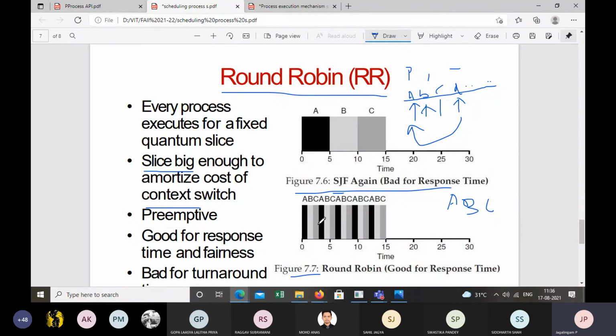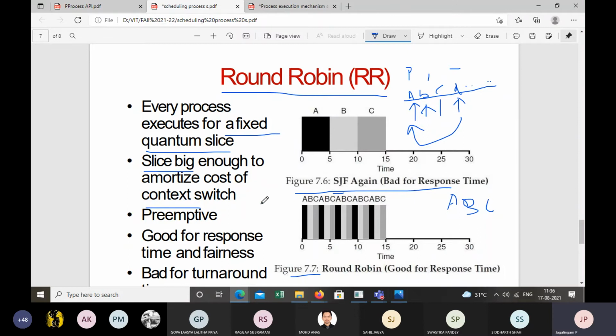Every process runs for a fixed time quantum. Look at the first bullet point. This time quantum can be 5 milliseconds, 10 milliseconds, and so on. The time cannot be really small.